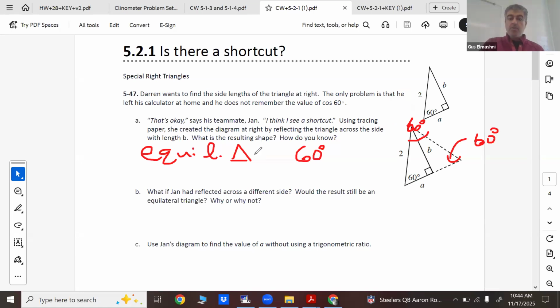Okay, so what if Jan had reflected across a different side? Would the result still be an equilateral triangle? No. It would look like this. That would have been 120 degrees, and each of these would have been 30 and 30.